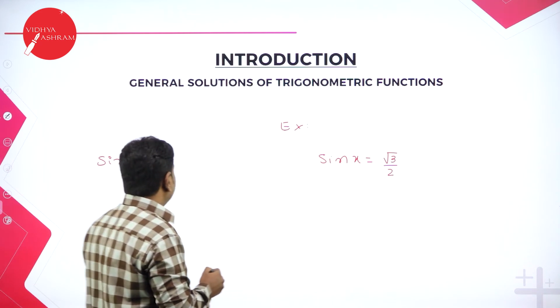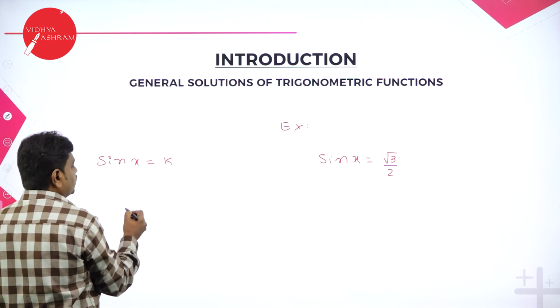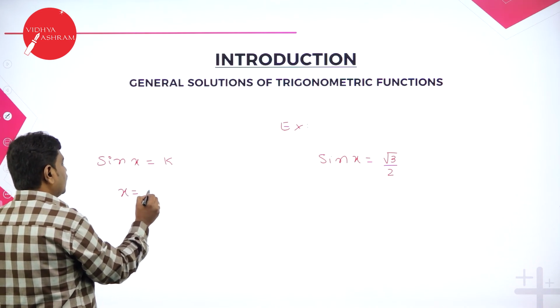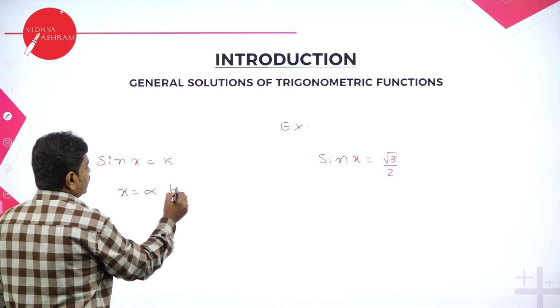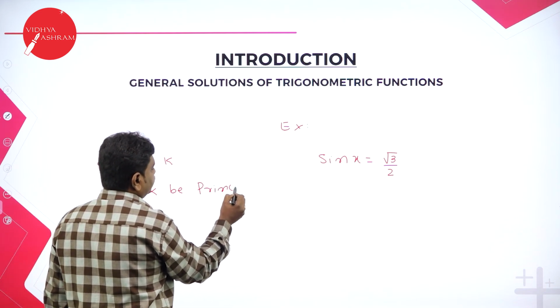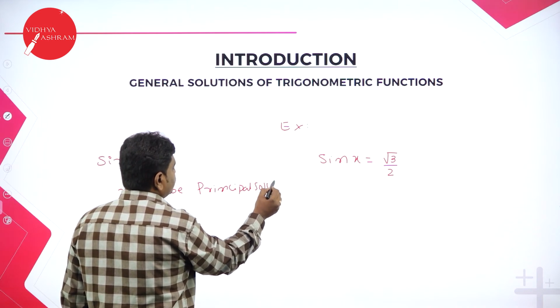Fine. So now, one of the angle that satisfies this equation, we call it as alpha. So at x is equal to alpha, be principal solution, which will satisfy the equation.